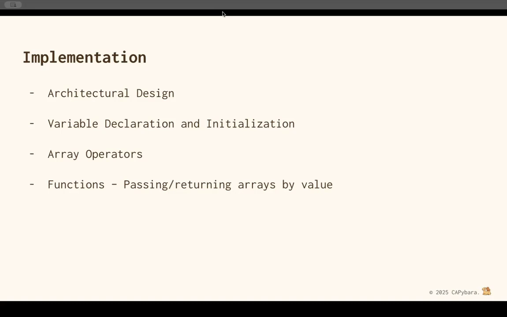Then we built the special syntax for the different array types and array operations, which involves semantic passes to make sure that the right types are being operated on, so you don't have a 2 by 5 array with a 5 by 1 array, or anything like that. And finally, we needed some way to modify arrays without introducing pointer semantics, so we made it such that we could pass and return arrays by value.